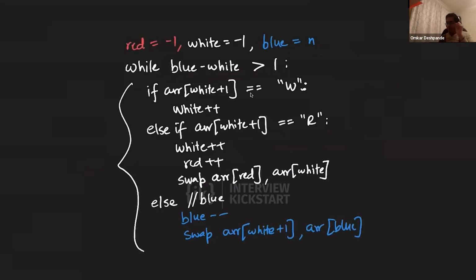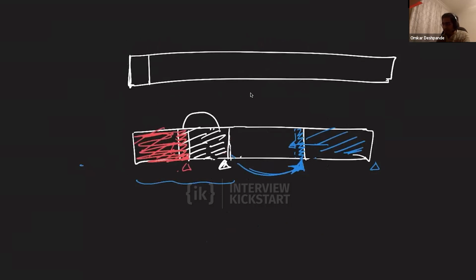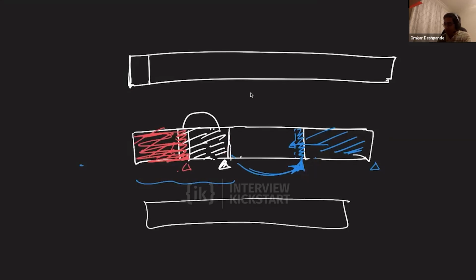When this rectangle shrinks to become like this, there's nothing to do. There's no subproblem left to solve. At this point, the white pointer is here, the blue pointer is here, at the leftmost blue number. Okay, right, there is only one difference.